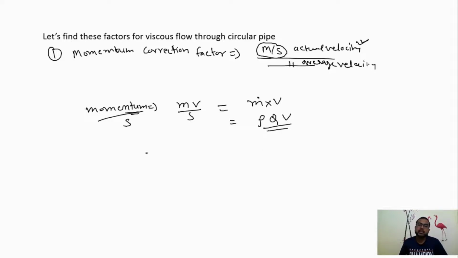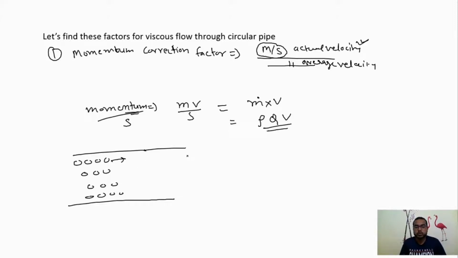For calculating momentum per second based on actual velocity, see, this is a pipeline. The different layers have different velocities. Take the cross section; it looks like a circle. This is the center line.